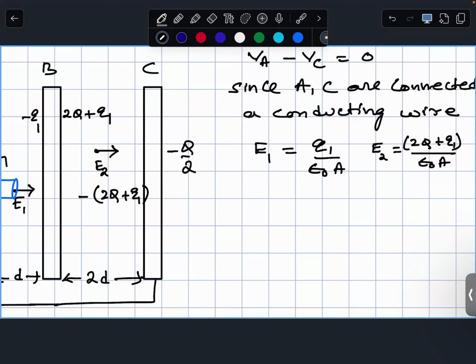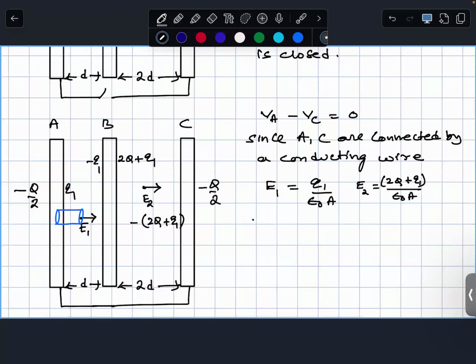Right. Now, the actual question starts. VA minus VC can be written as VA minus VB, which is E1 D plus E2 times 2D, equal to 0.